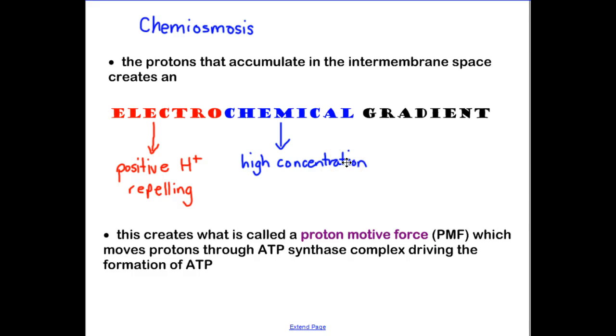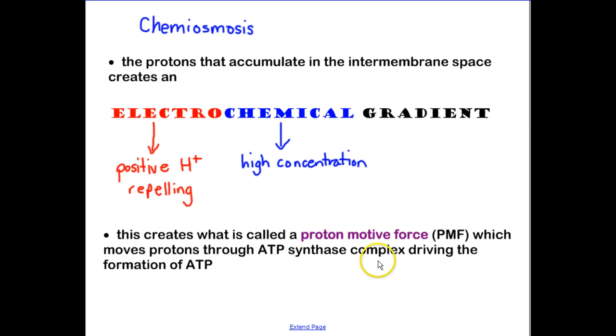The whole idea behind the electron transport system is that we're forming this electrochemical gradient by putting a whole bunch of positive hydrogen ions in one area, creating a gradient that pushes protons through this complex. This creates what we call a proton motive force, which moves protons through the ATP synthase complex, driving the formation of ATP.